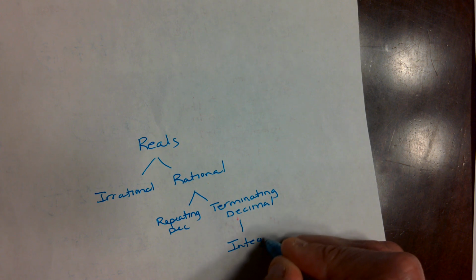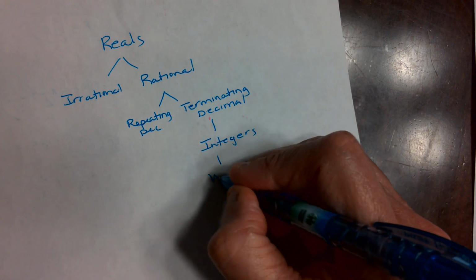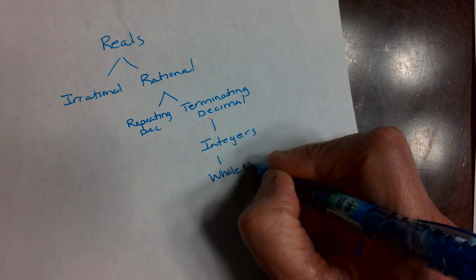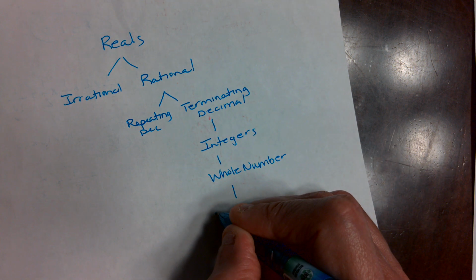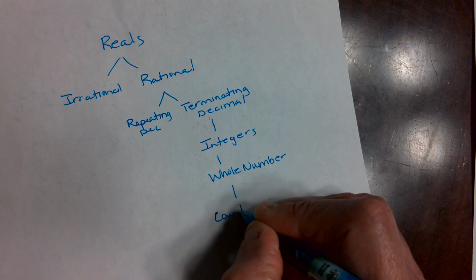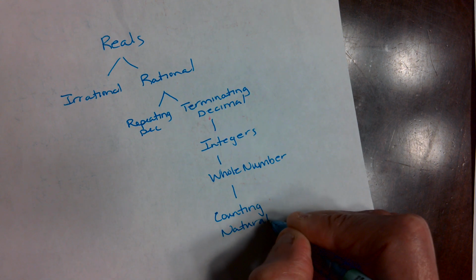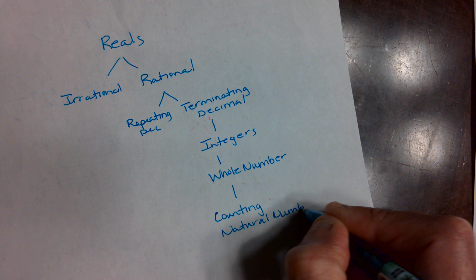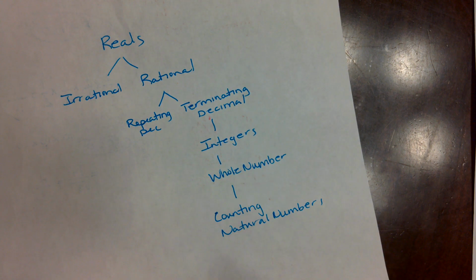And then under the decimals came what? Integers. And under the integers came whole numbers. And under the whole numbers came counting, or there's two names, natural numbers. The only difference between counting a natural and whole was one number.